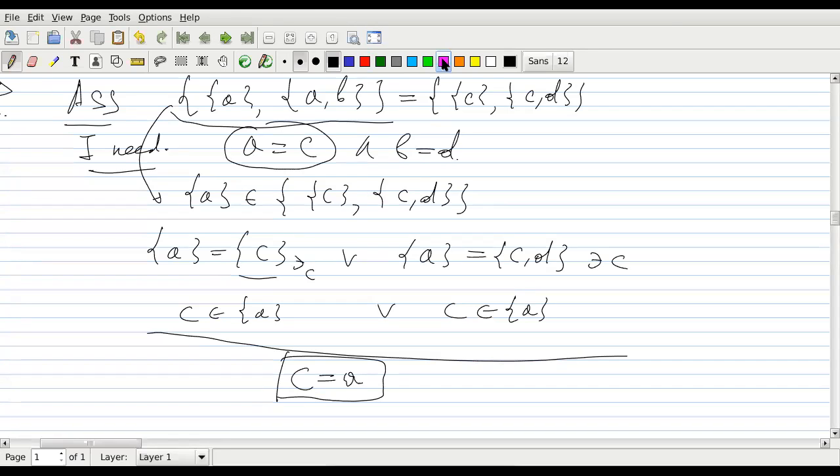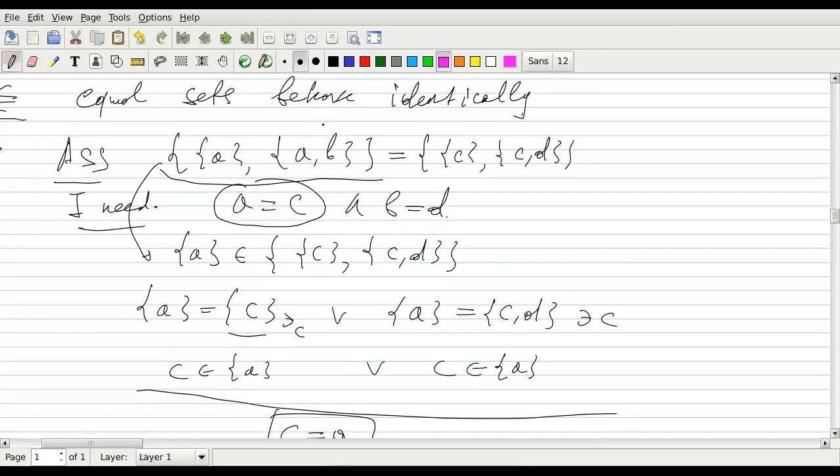And now let's consider this set. It's also either this singleton or this set. So we have two cases.